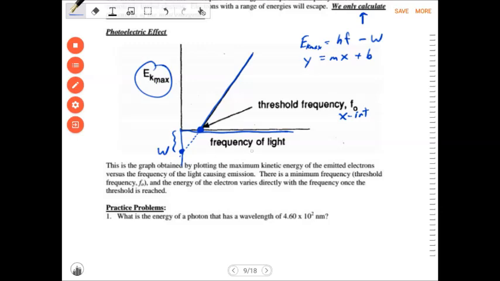The frequency was the x variable. The b, remember that was the y-intercept, so that's the W. So what does that mean the slope is? Remember, the slope is rise over run. So the slope on these graphs is h. The slope equals Planck's constant.